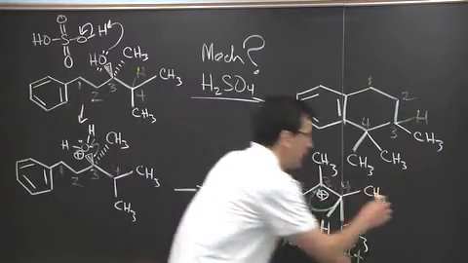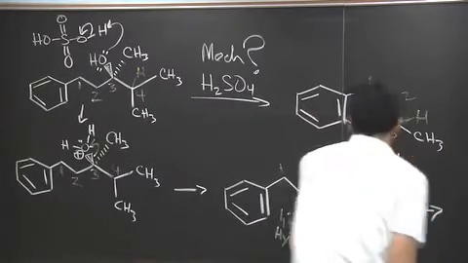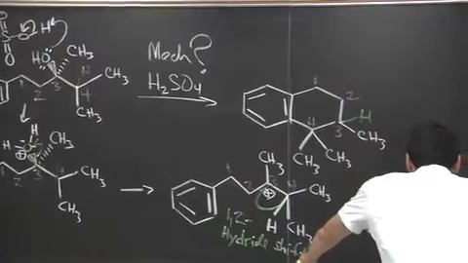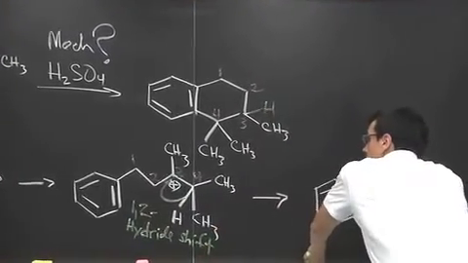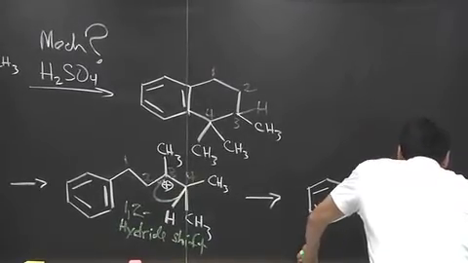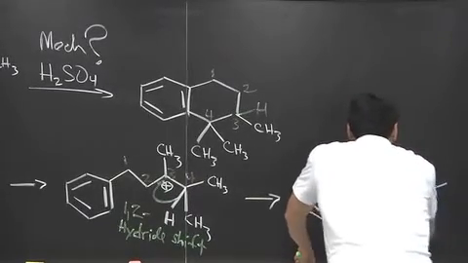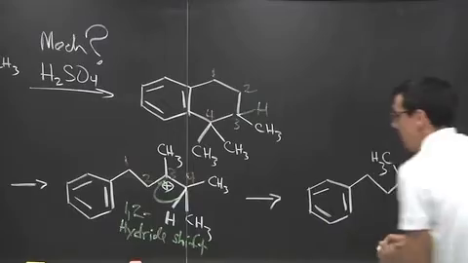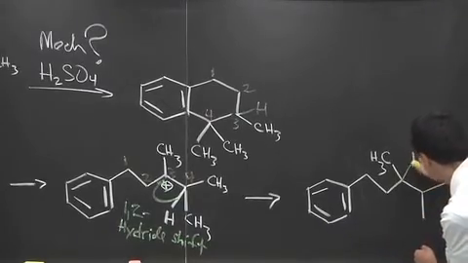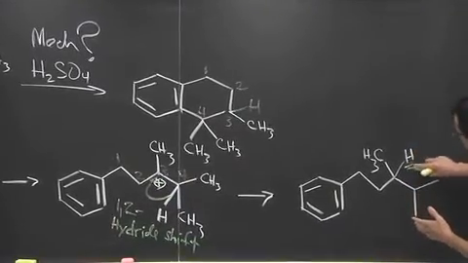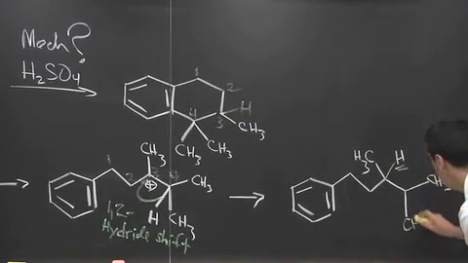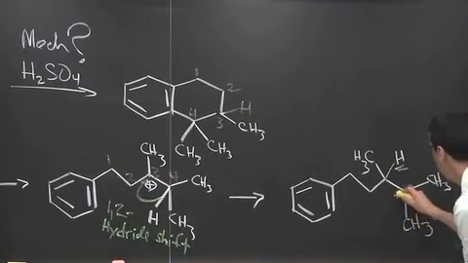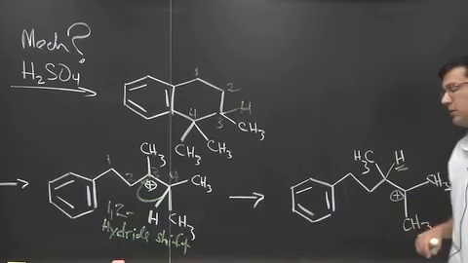Well, let's look at the carbocation that results from that migration. So here is the hydrogen that moved, and the carbocation that results from that hydride shift, it's also a tertiary carbocation.